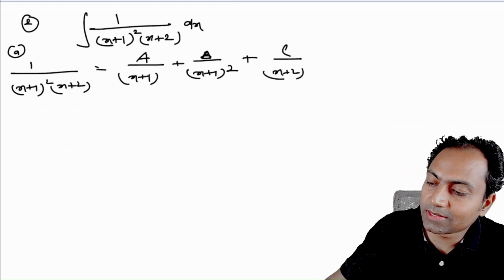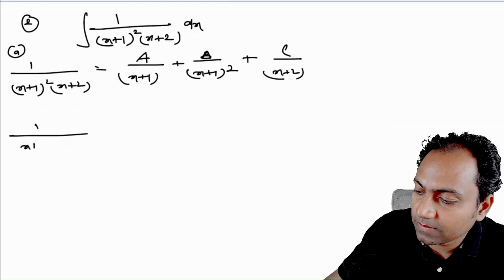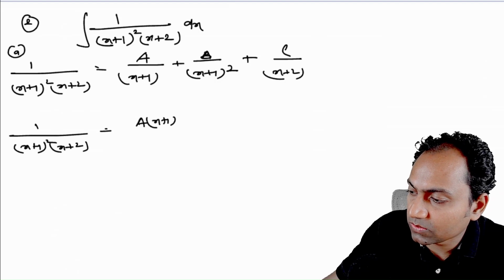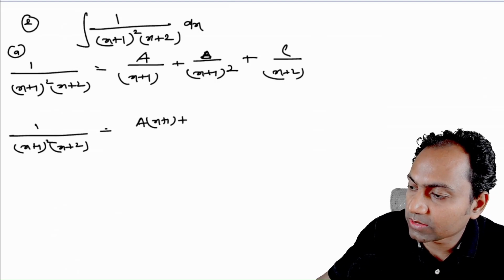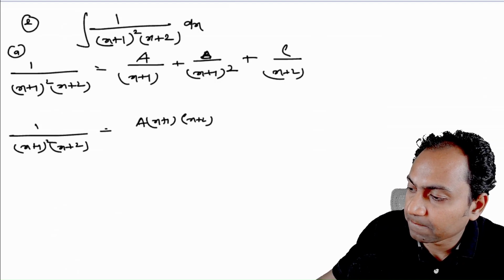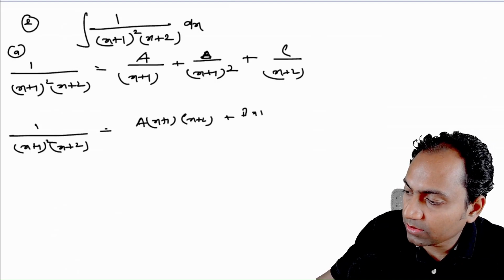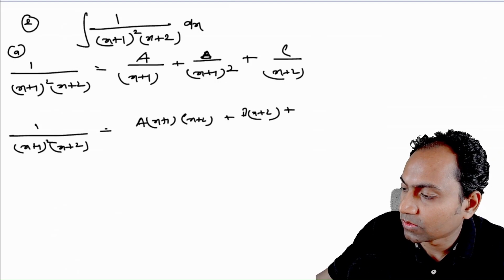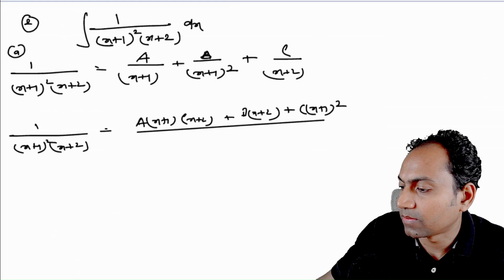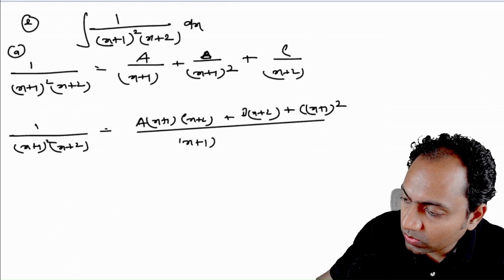Once you have done that, the next part is quite simple. We'll take the LCM, and this becomes a into x plus 1 into x plus 2 plus b into x plus 2 plus c into x plus 1 whole square, by x plus 1 whole square into x plus 2.